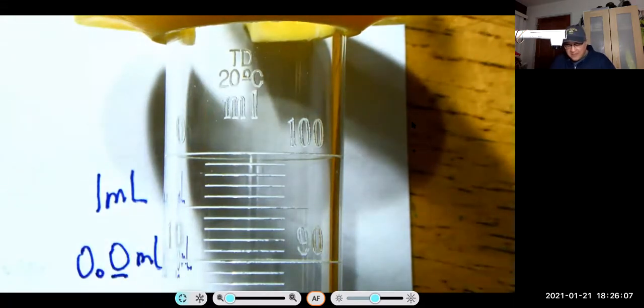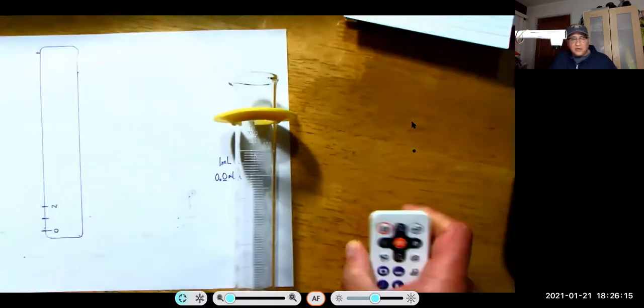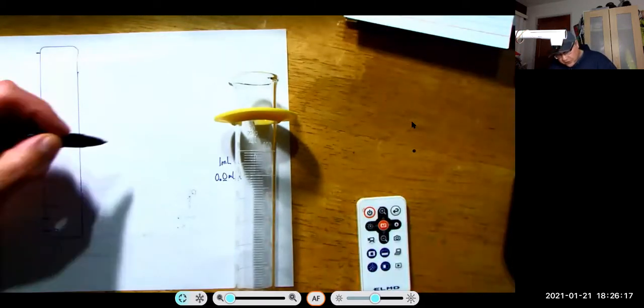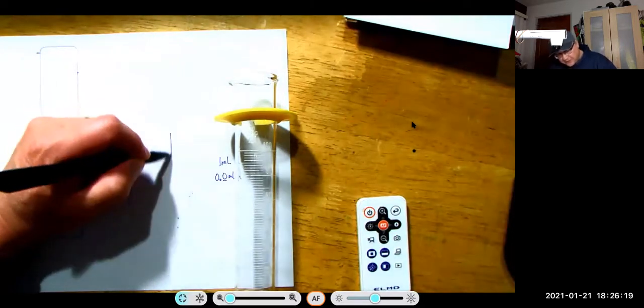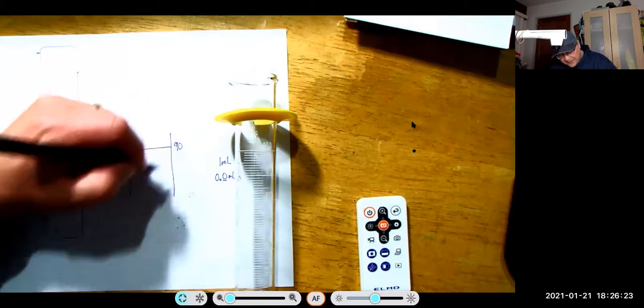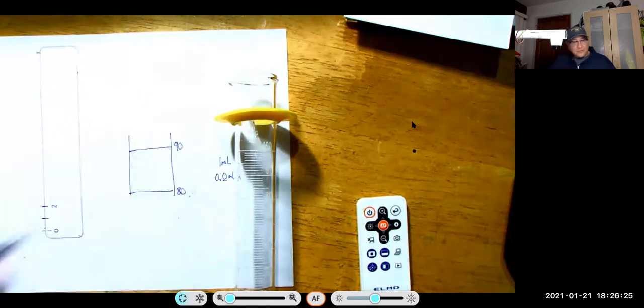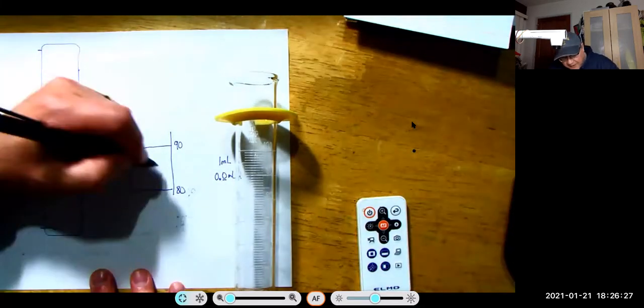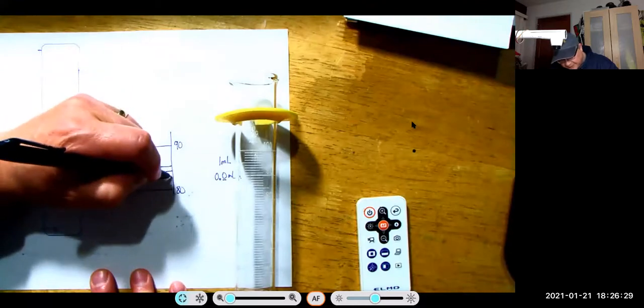Now, when we're measuring liquids, I'm going to need to zoom out a bit here. Liquids act kind of funny in graduated cylinders. So here's my graduated cylinder. I'm going to call this 90 and I'm going to call this 80. And here I'm going to divide it into 10 equal spaces.